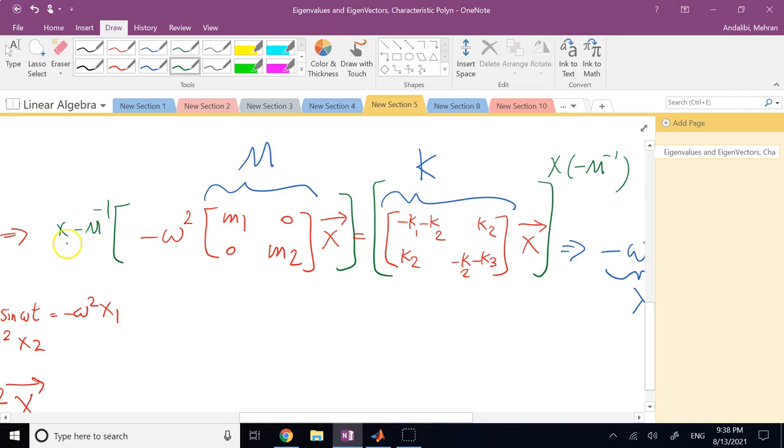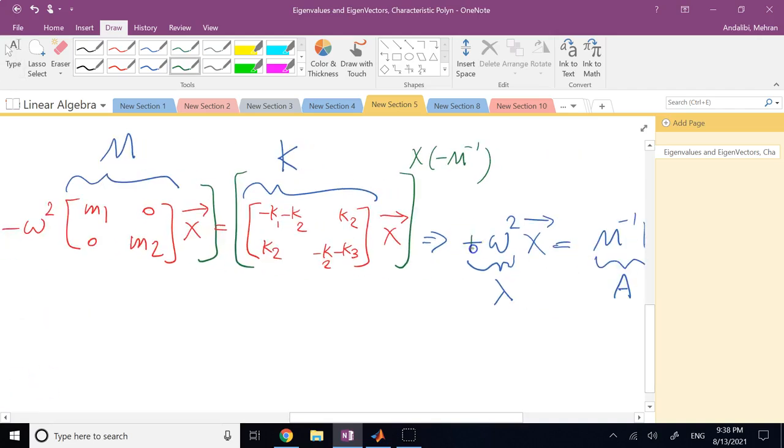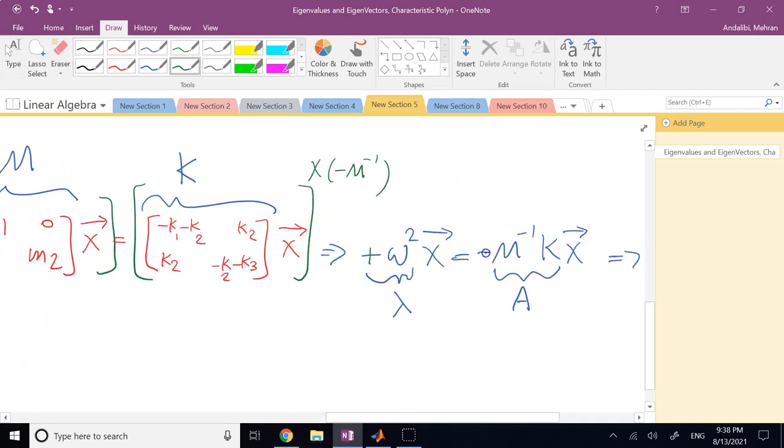That way this negative and that negative go away, so here you get a positive, here you get a negative. And that whole negative M inverse K, you can call it the A matrix, or you can apply the negative to the elements in K. So if you negate these elements, that's going to be negative K.